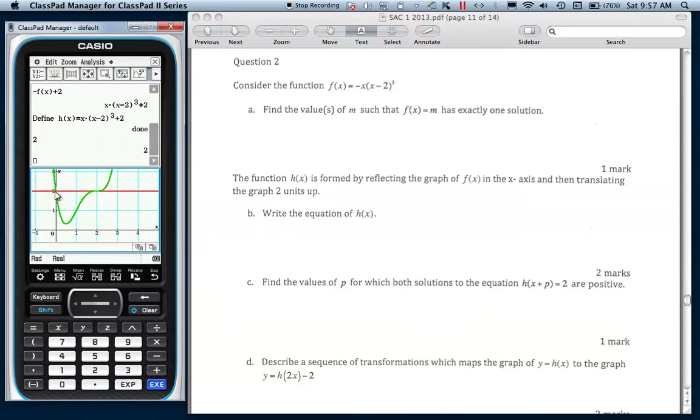You can see there's one solution there and one solution there. But these solutions are not positive. That solution is 0. So to get these solutions to both be positive, we need to shift the graph of h of x to the right. And the only way you can shift the graph of h of x to the right is if p is negative. So p has to be less than 0.